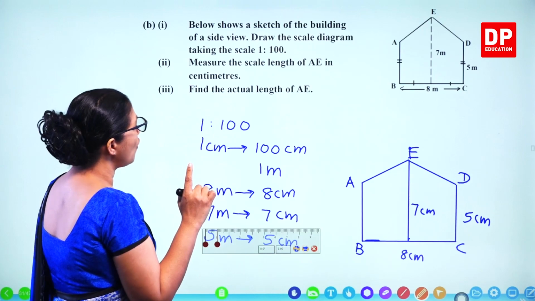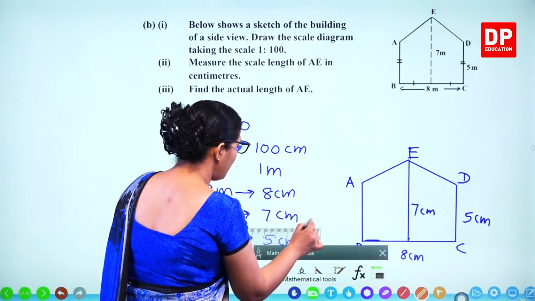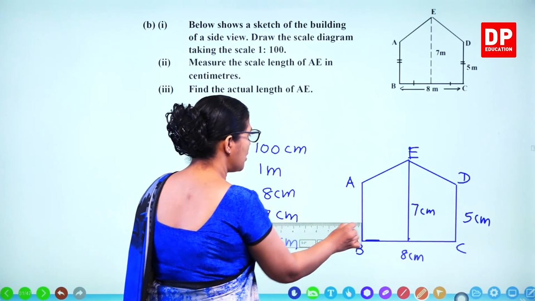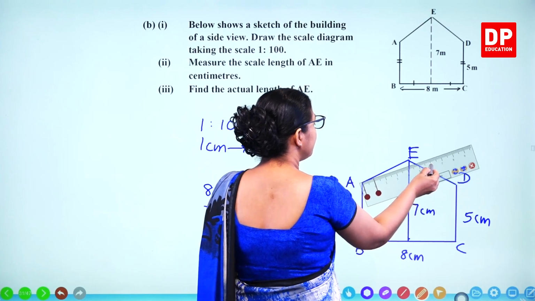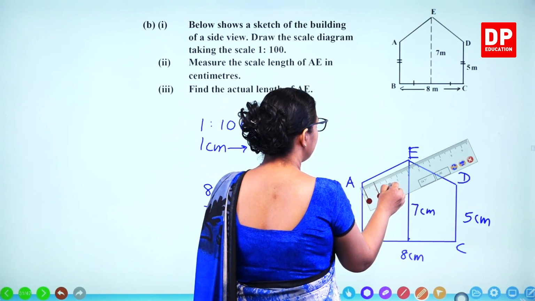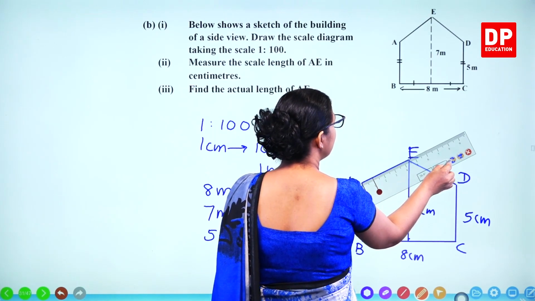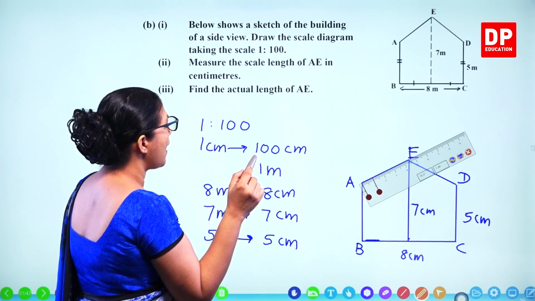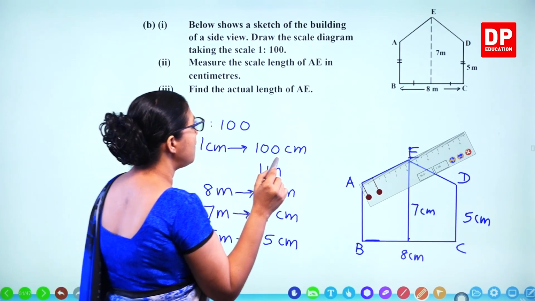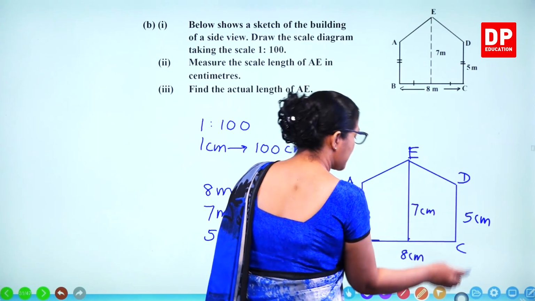Measure the scale length of AE. We can use the ruler and measure AE length. AE length is 4.5 centimeters.